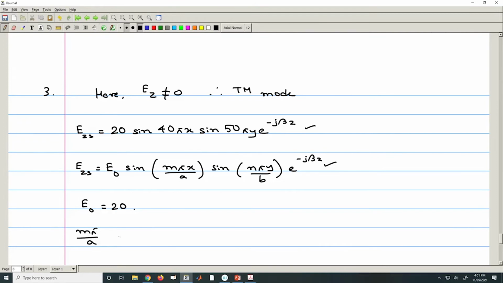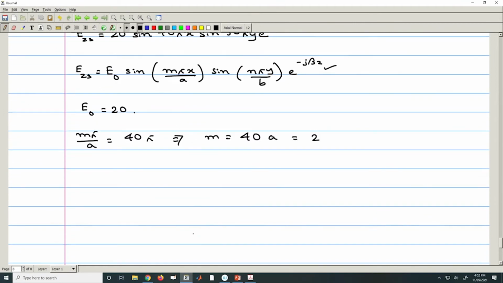and m pi upon a is 40 pi, which gives m as 40 a, and since the dimensions of the waveguide are given, m comes out as 2. Again comparing the above two equations, we get n pi by b as 50 pi, therefore, n we can write down as 50 b.